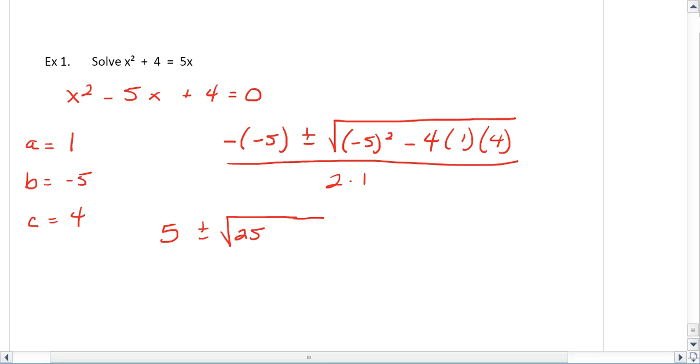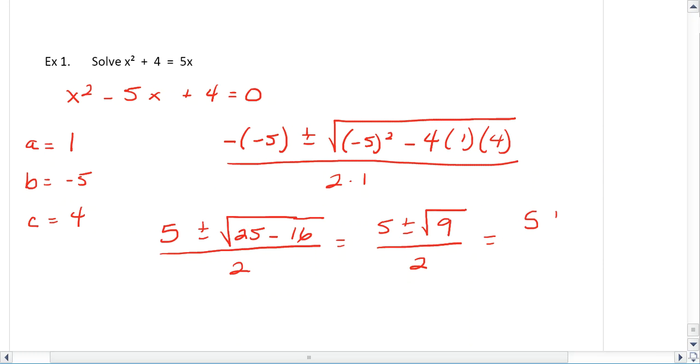And now this minus 4 times 1 times 4 would be a -16 all over 2. Go ahead and subtract the numbers under the radical. We get a 9. This one worked out pretty nicely. It usually doesn't, but this 9 is a perfect square. So I end up with 5 plus minus 3 over 2.